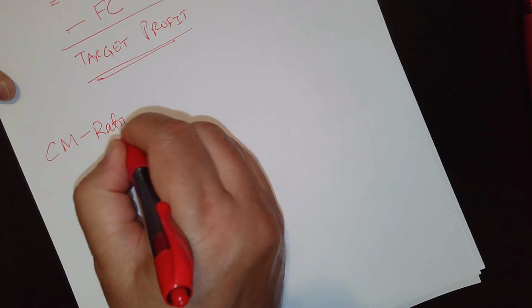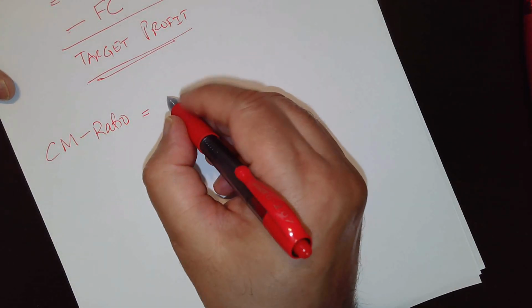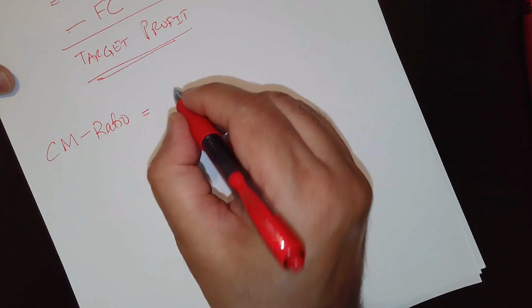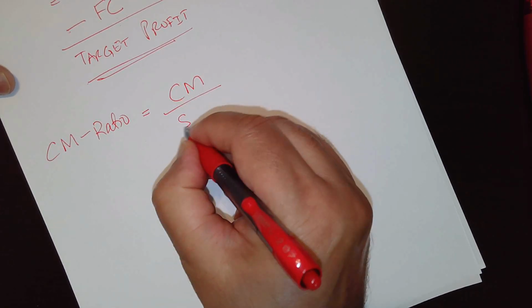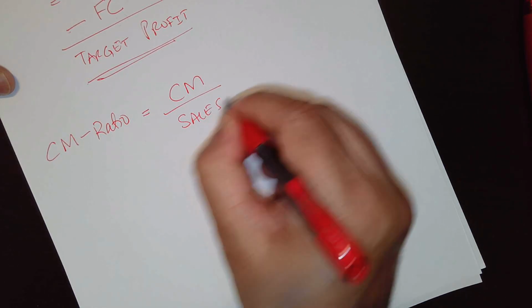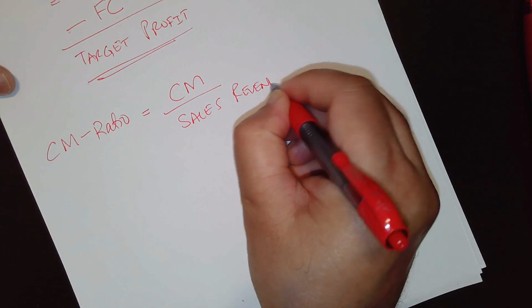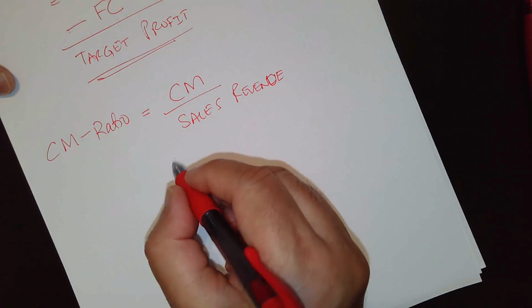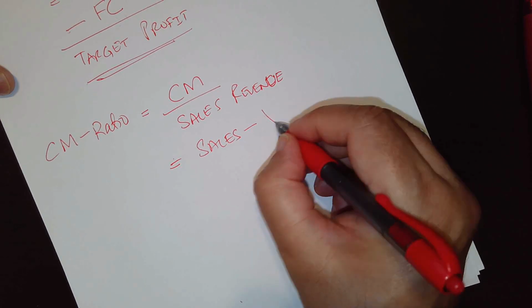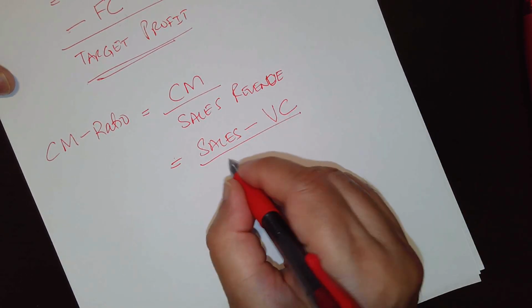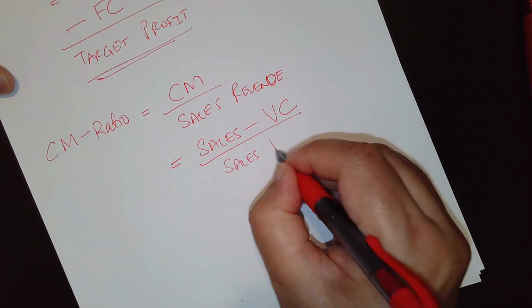So the contribution margin ratio is equal to contribution margin divided by sales revenue. And contribution margin is sales minus variable cost, so that is sales minus variable cost divided by sales revenue.